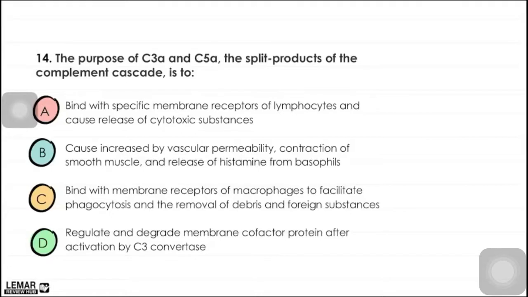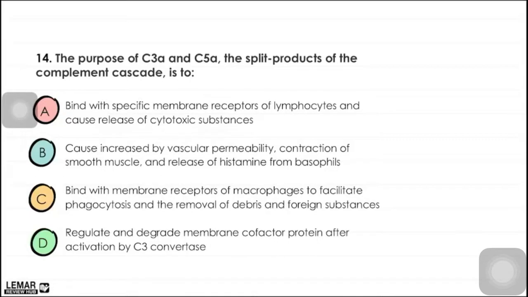C3a and C5a are bioactive fragments of your complement components, protein C3 and C5 respectively. They play a key role in the mediation of immunologically activated or provoked inflammatory responses. C3a and C5a are produced by the activation of the classical pathway and or the alternative pathway.